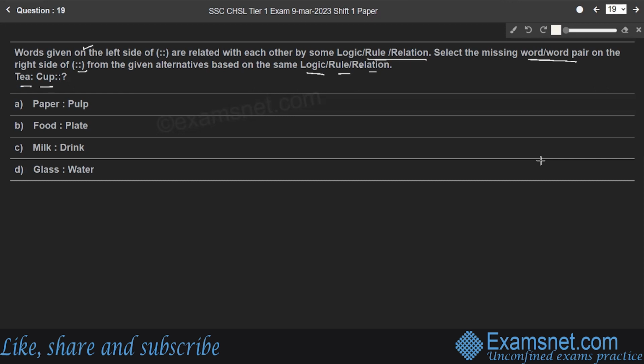That means tea is served in a cup. Among the given four options, option B follows the same logic because food is often served on a plate. Therefore, option B follows the same logic of the given word pair.